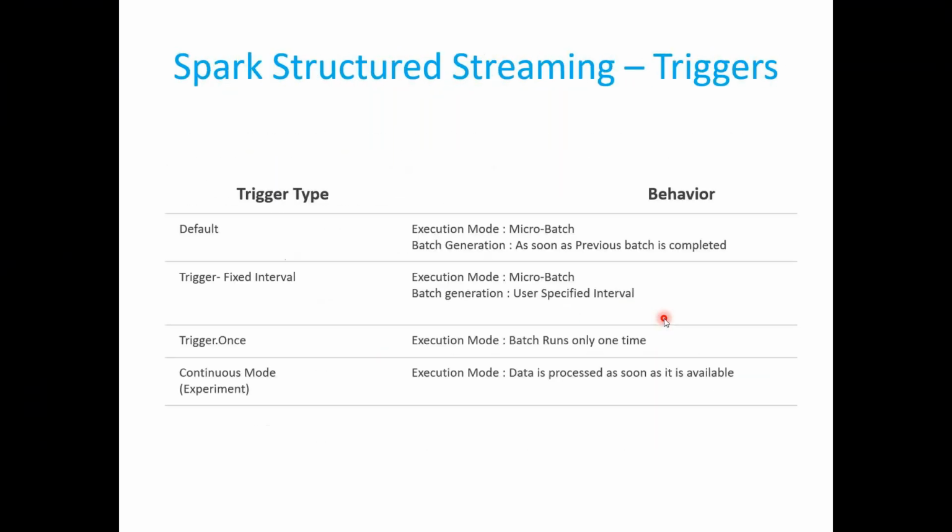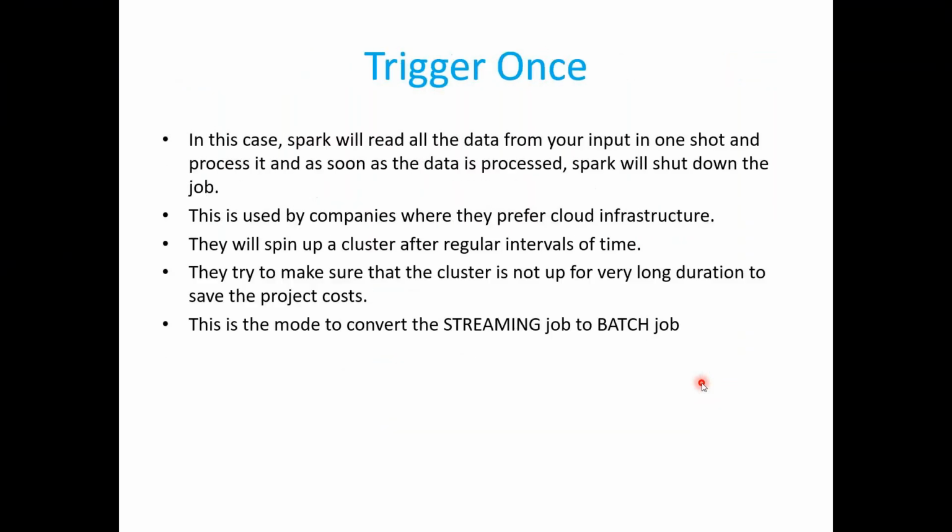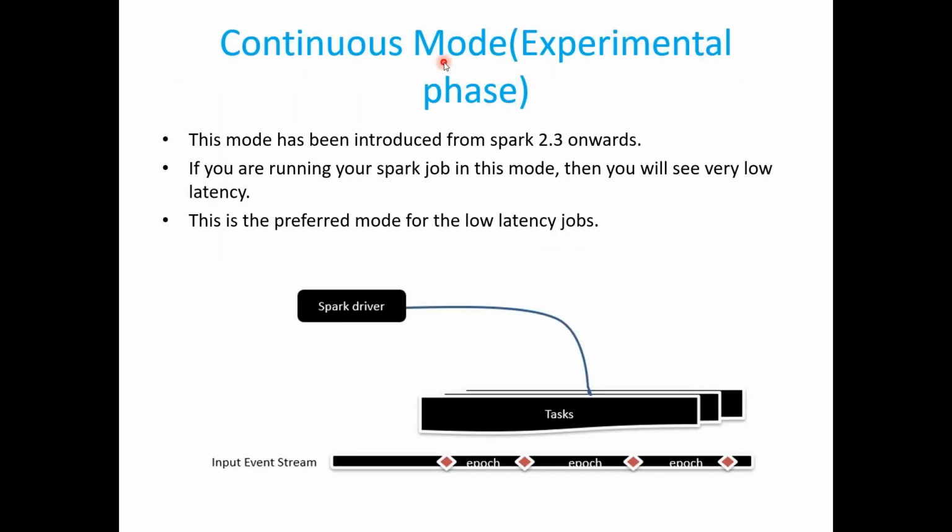Then the last mode is nothing but the continuous mode. It is still in the experimental phase, but once it clicks, it will be really good because the data is processed as soon as it is available. As I told, it's in an experimental phase right now. If you are running your Spark job in this mode, then you will see very low latency. That is, this mode is preferred for low latency jobs.